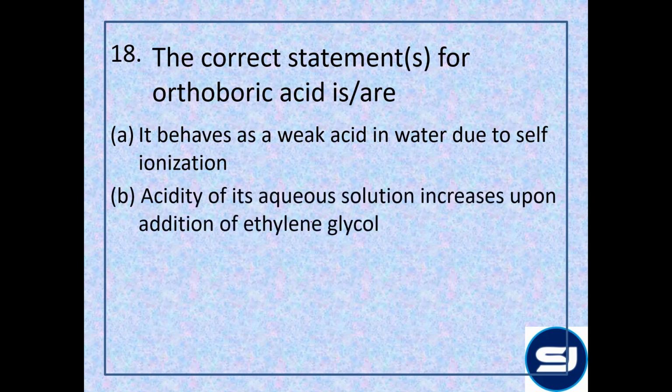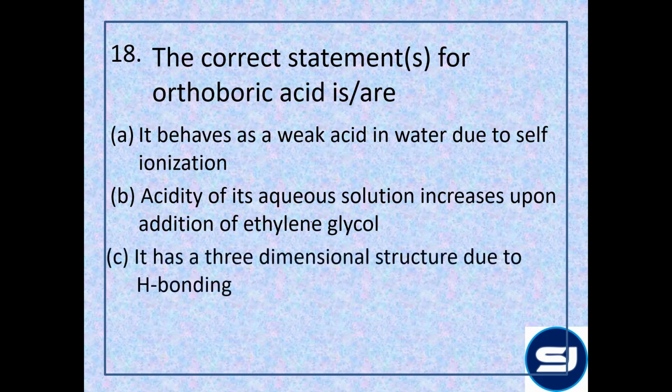Acidity of its aqueous solution increases upon addition of ethylene glycol. Okay, I'll discuss this. It has a three-dimensional structure due to H bonding. How was the structure of orthoboric acid?